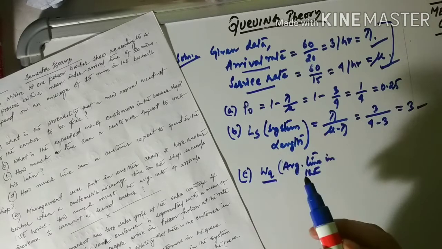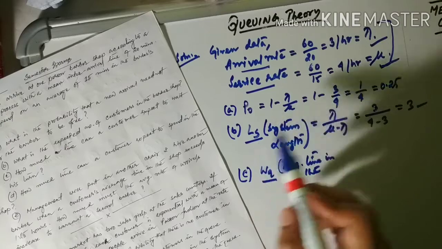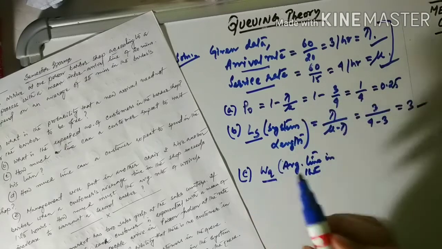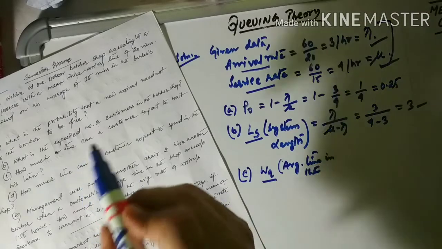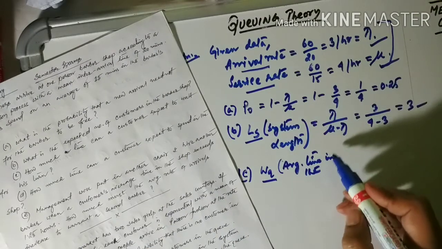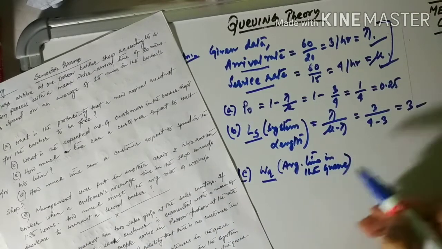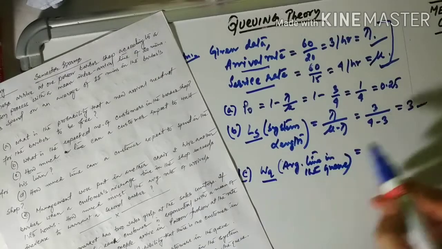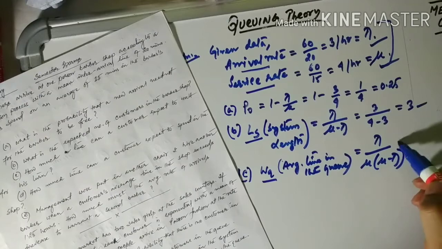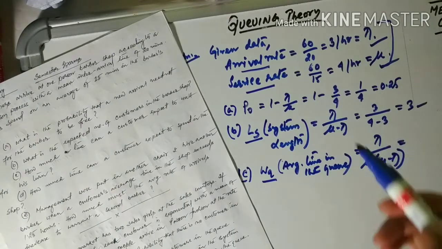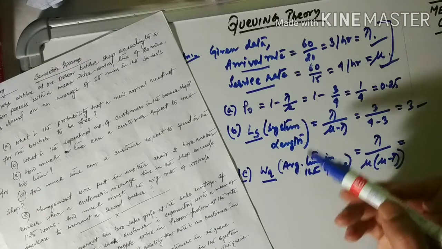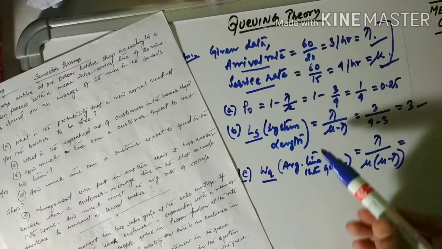That is the queue length only, and LS means the system's total length. These are the small things you have to keep in mind. You have to understand the language, what they are actually asking. Average time in the queue is given by Wq equal to lambda by mu into mu minus lambda. After solving 4 to 5 problems, you will easily remember this particular formula.